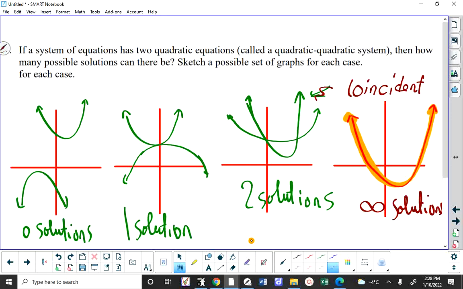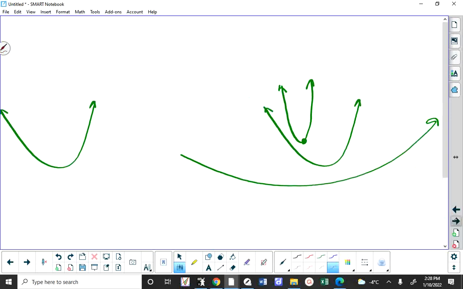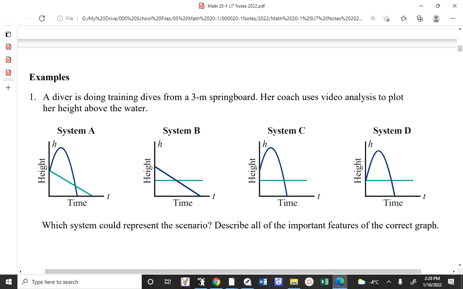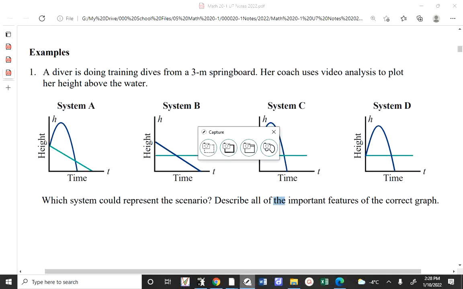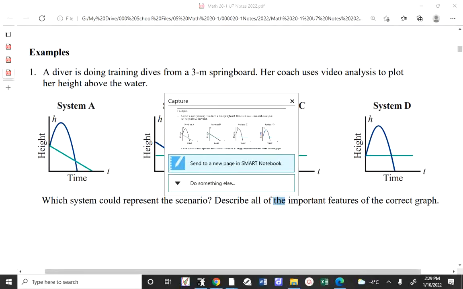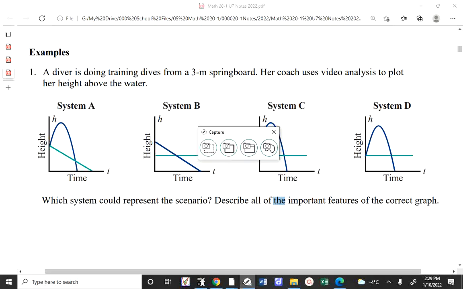Okay, one quick question here before we get to the meat of this lesson. And this is example 3. The purpose of this example in my mind is to get you thinking about what intersections of functions can represent.